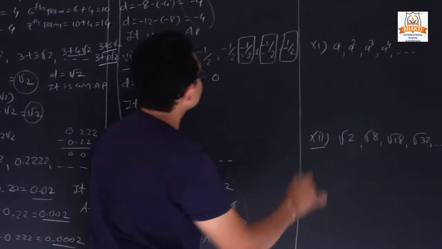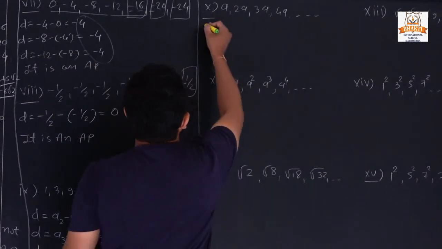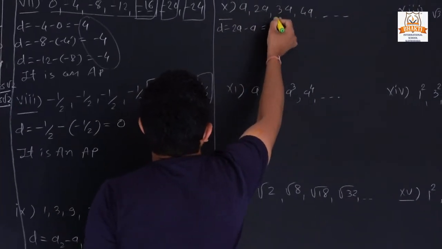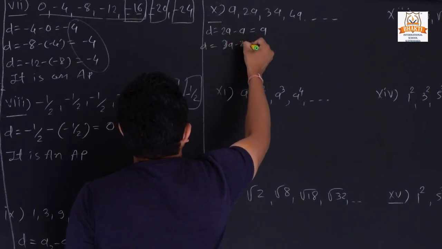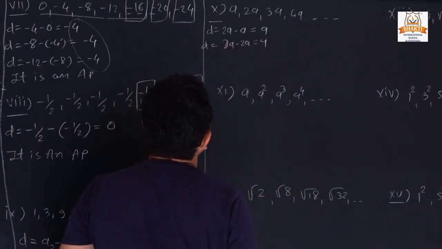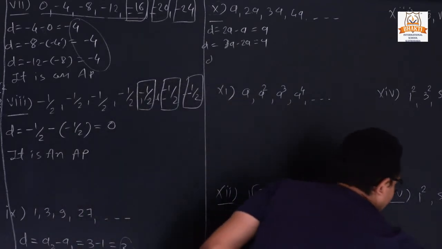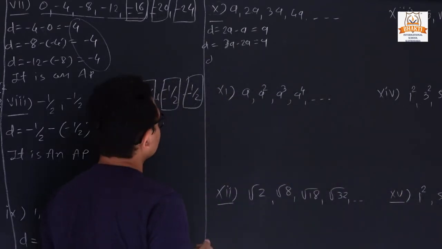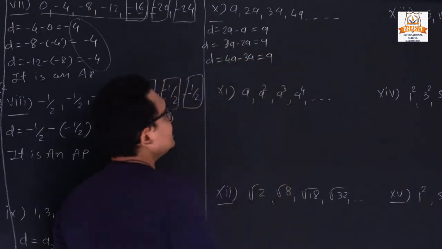Now next, see that 2a minus a, second term minus first term, is a. Then third term minus second term is once again a. Then the difference 4a minus 3a is once again a.